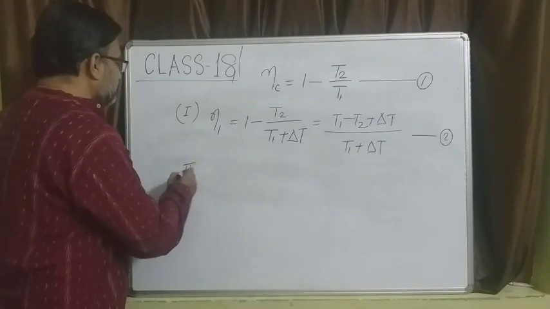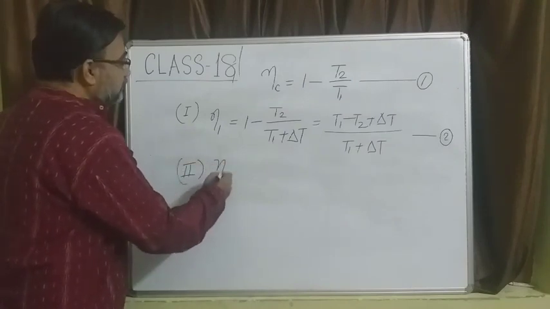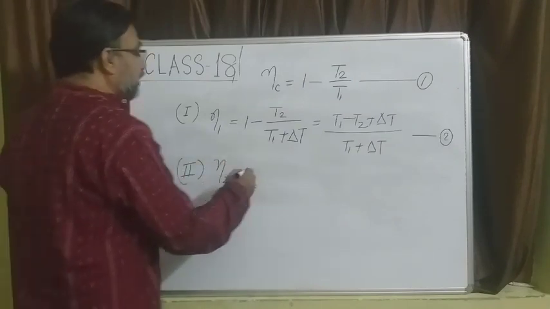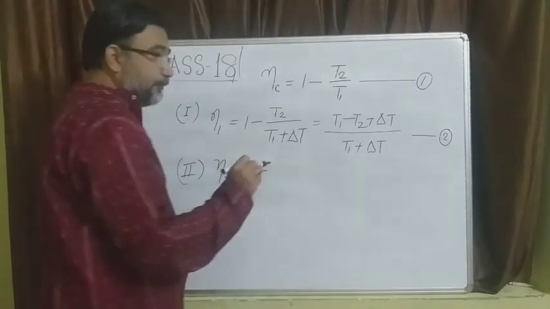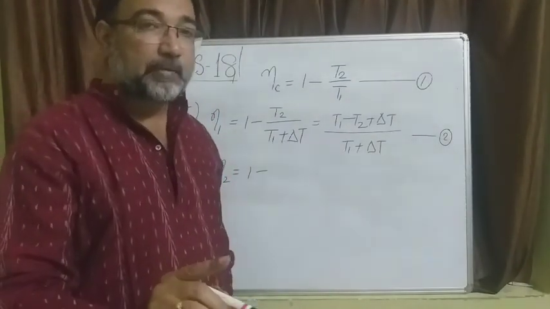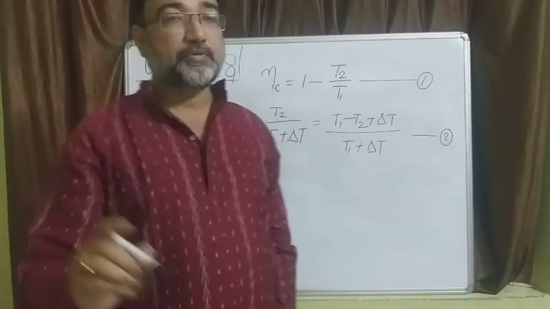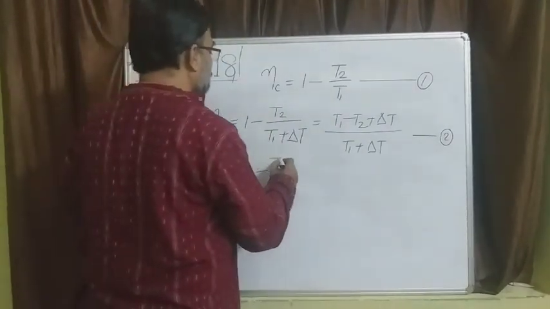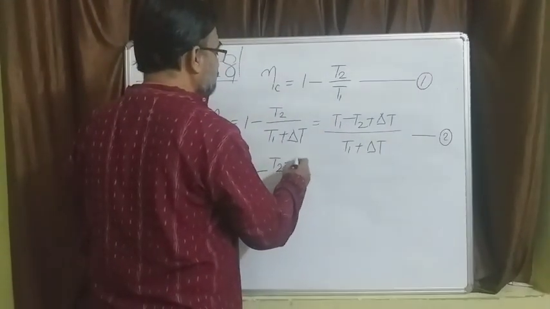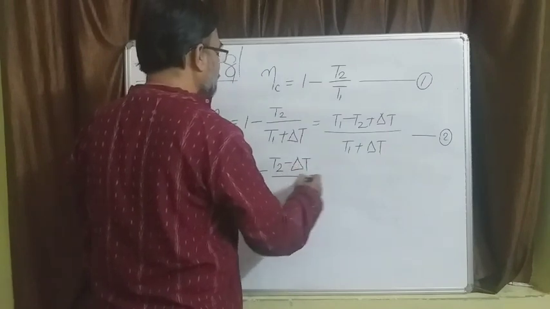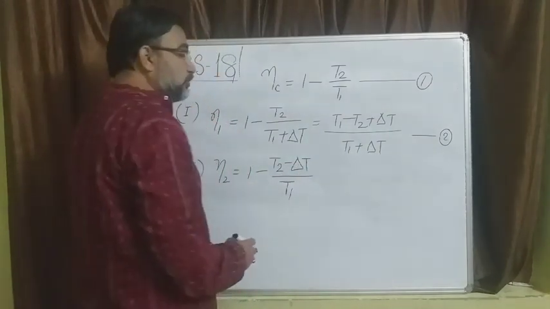Then let us explore the second method. In the second method, you get an efficiency value eta 2, where you are doing the second thing. That means you are decreasing the sink temperature while keeping the source temperature constant. So you make T2 minus delta T and keep the source temperature T1 constant.